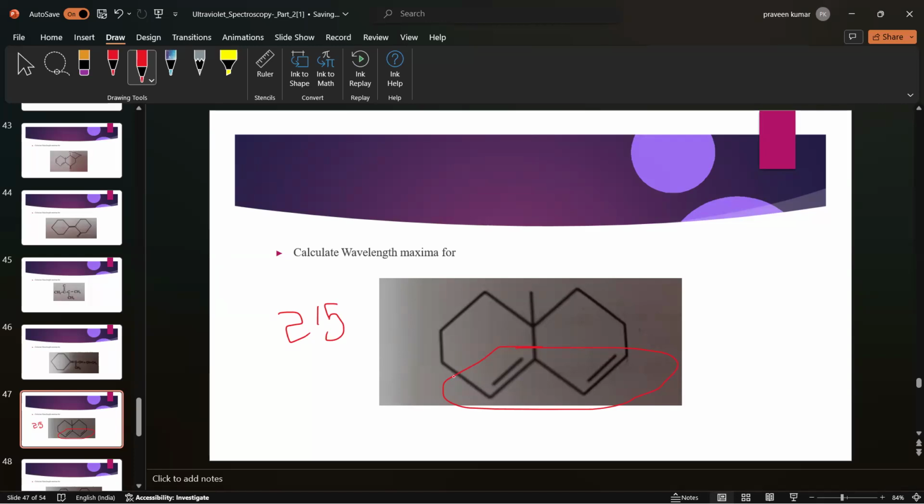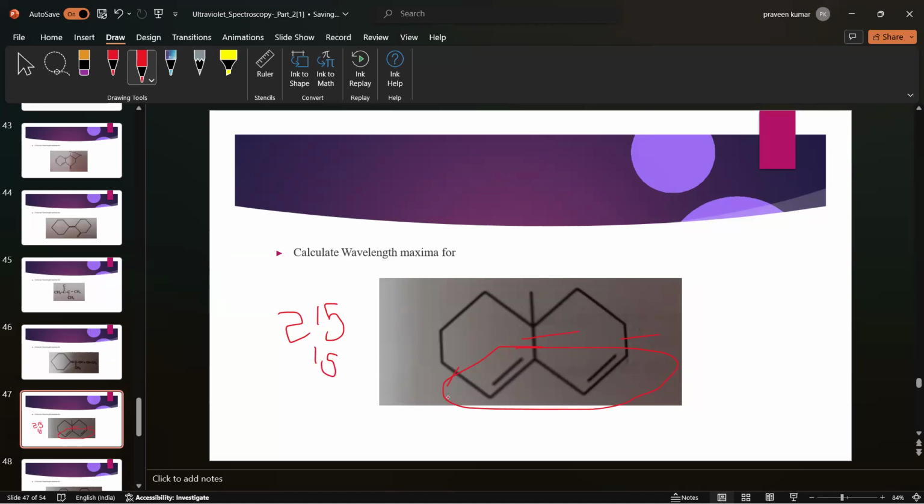How many ring residues are present in the system? 1, 2, 3. 3 times 5 is 15.